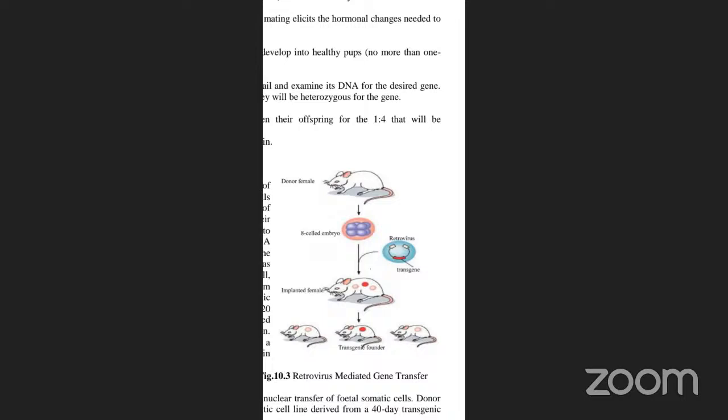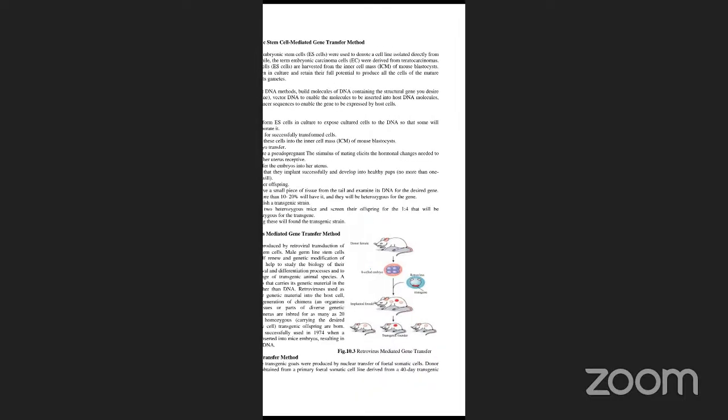Among the population, we have to check which offspring has this transgene. That will become the transgenic animal. Again, we have to mate this transgenic animal with another transgenic animal so that we can get offspring having the transgene. So they are called transgenic animals. Is it clear?